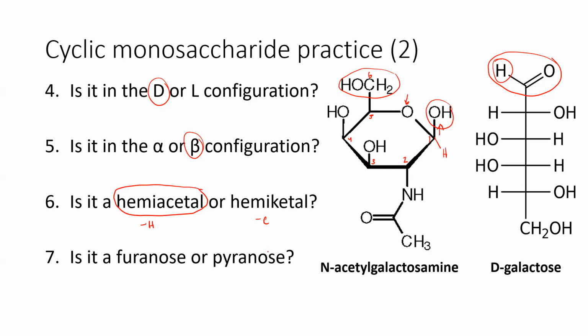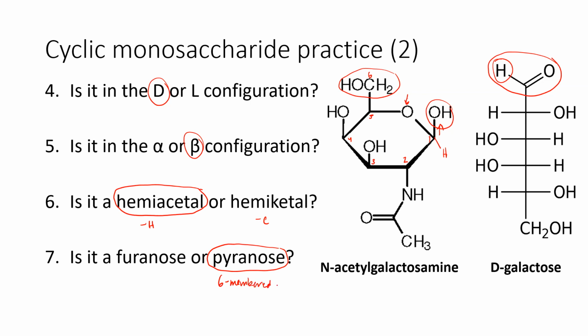Yeah, how do you know that? Because it's 6 carbons in the ring. Exactly. Or did you say 6 carbons? Oh, sorry, not 6 carbons. There's 5 carbons in the ring, but there are 6 members of the ring. Exactly.